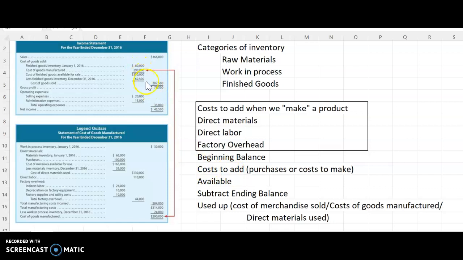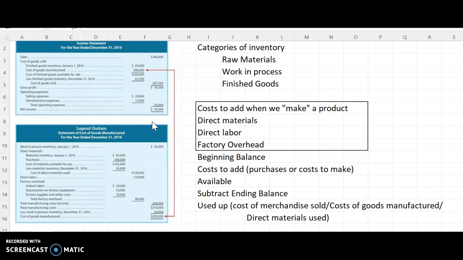That gets me to my available, which here is cost of finished goods available. Minus ending balance, so minus my ending finished goods. This gets me to my cost of goods sold, used up. Again, it's using the same scenario right here. And then I can finish out my income statement just the way you know how.